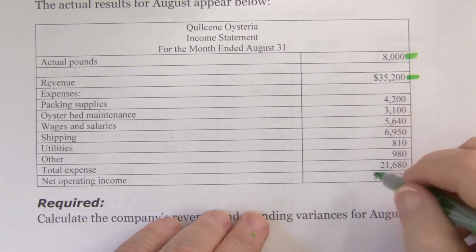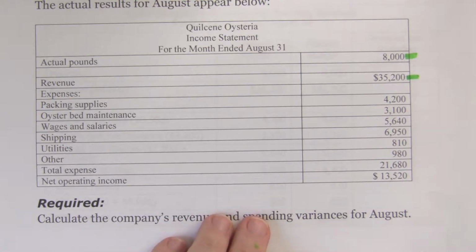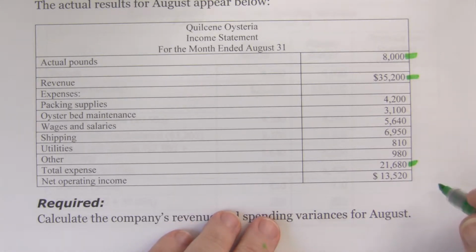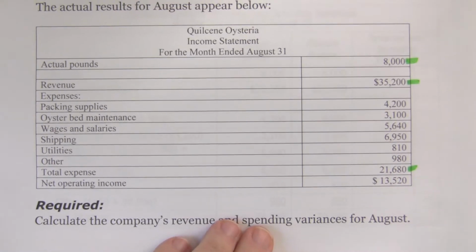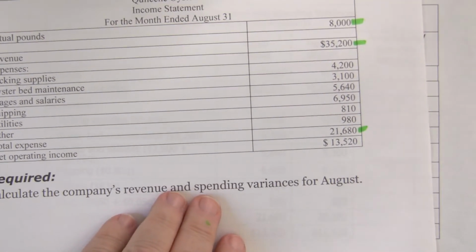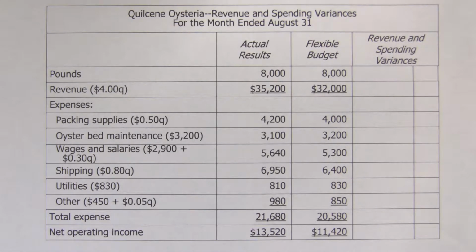All of these are real numbers. Our total expense we expected to be $20,580, and we would have expected to make $11,420. So I took both of those sets of numbers, the actual numbers and the flex numbers, and put them side by side for you.